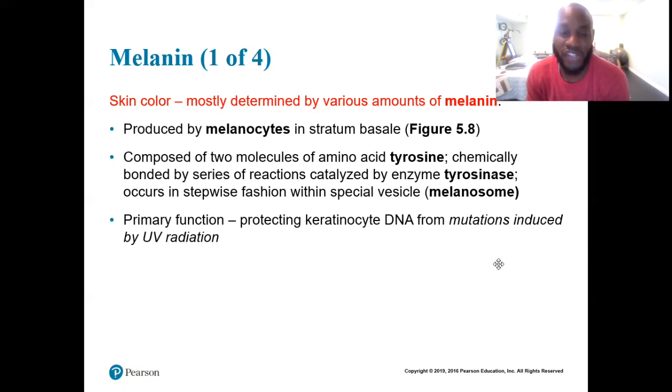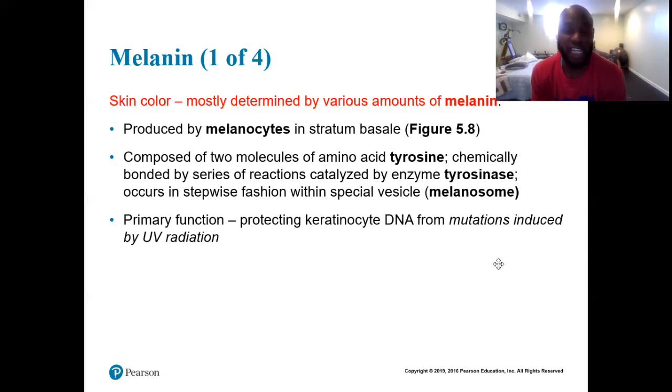So if we have a mutation in our DNA, then that could mess up many things, the whole function of the cells. And remember, the cells are the basic unit of life. So mutations in our DNA can be very problematic, which can happen from UV radiation, which comes from the sunlight. So we have to be protected from that UV radiation, and melanin helps to do that.